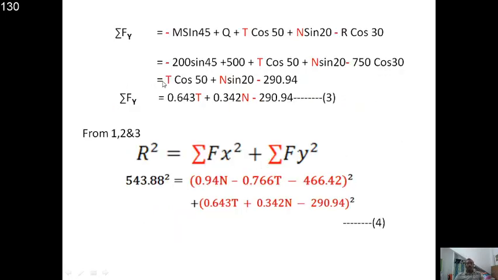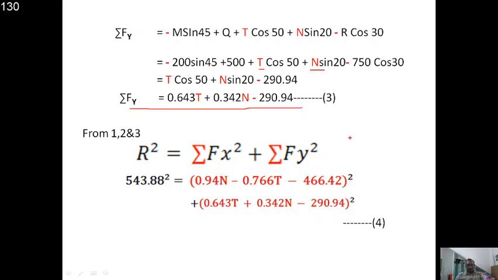Now for sigma Fy also, substitute all the values as per the diagram, and except T and N which are unknowns, you get sigma Fy in terms of the T and N values.